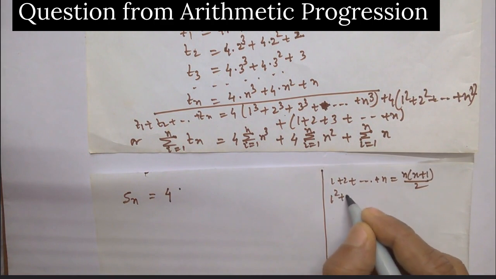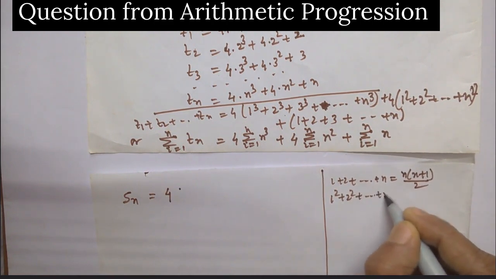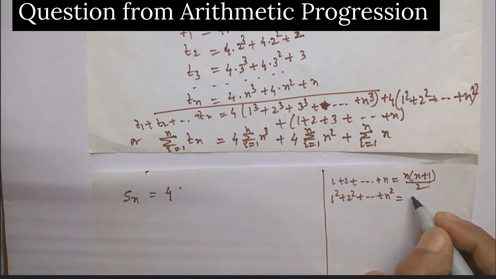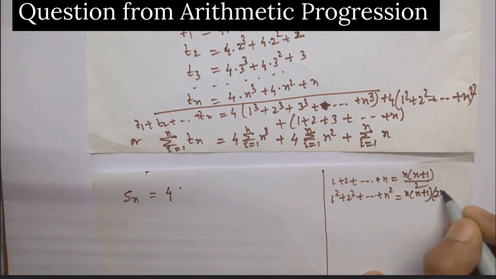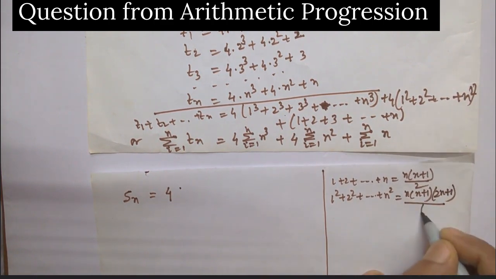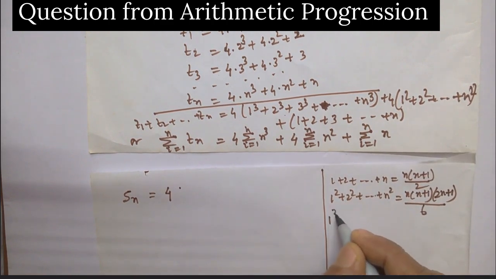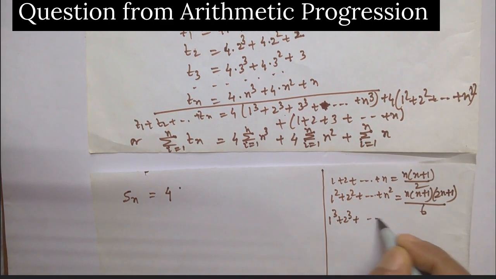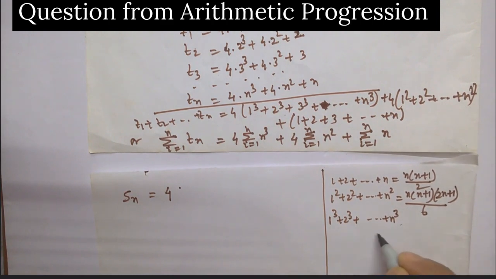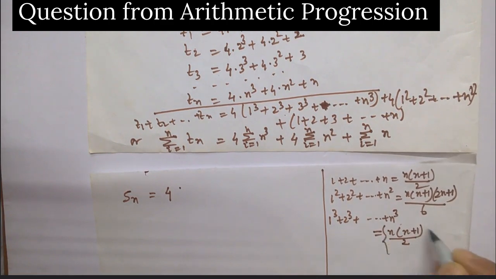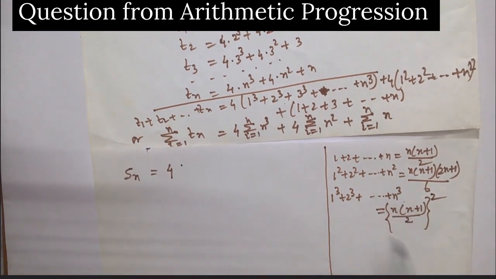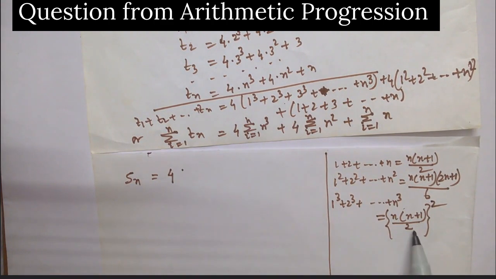Another formula: 1 square plus 2 square plus up to n square is equal to n into (n plus 1) into (2n plus 1) by 6. 1 cube plus 2 cube and so on up to n cube is equal to (n into (n plus 1) by 2) whole square. So replace the summation of n cube by this.